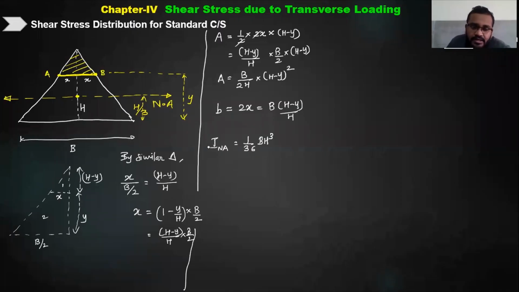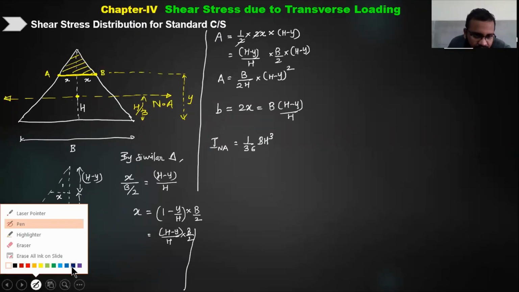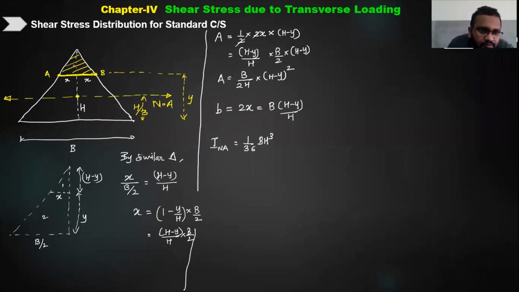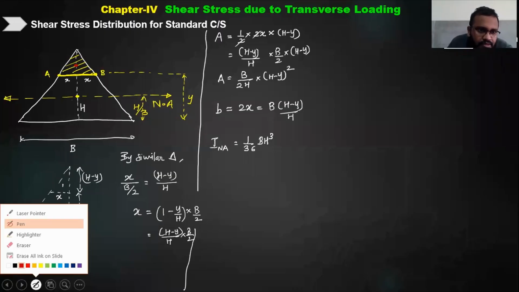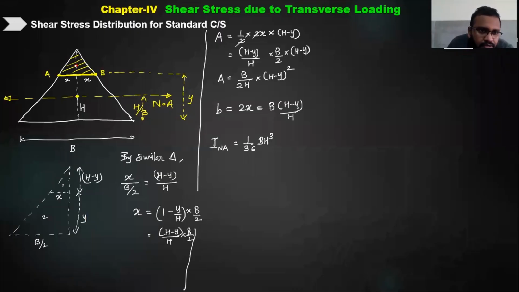y bar is the location of the centroid of this hatched area. So let me write down the centroid of that area. Let us assume the centroid is somewhere over here. The distance of that centroid from the base, the height of this triangle, we know was h minus y, so it will be (h minus y) by 3.